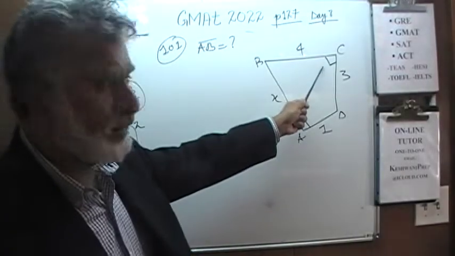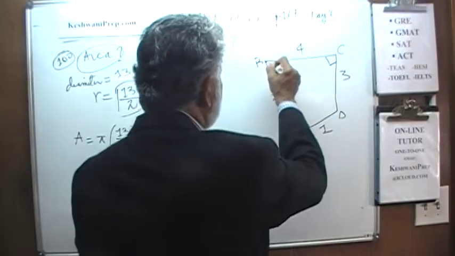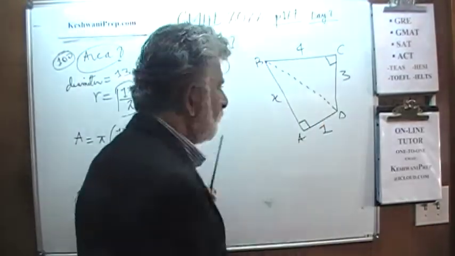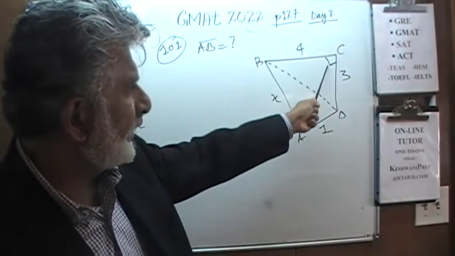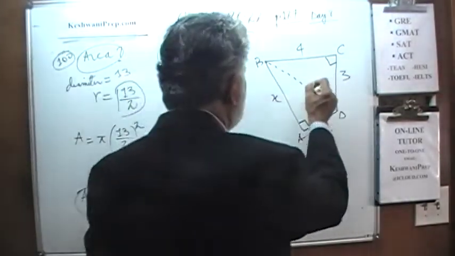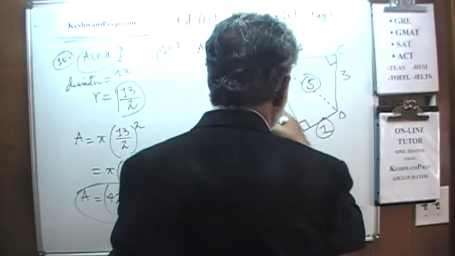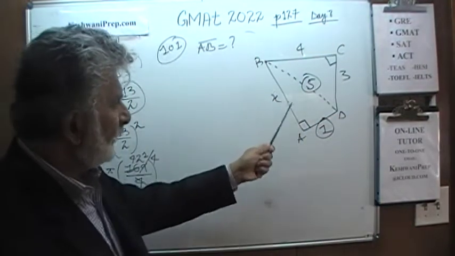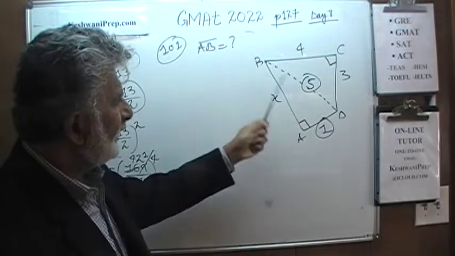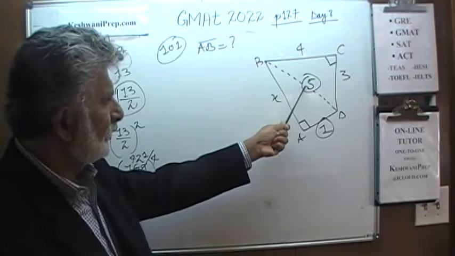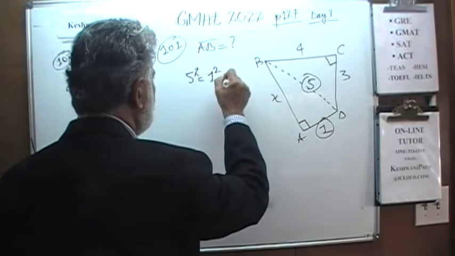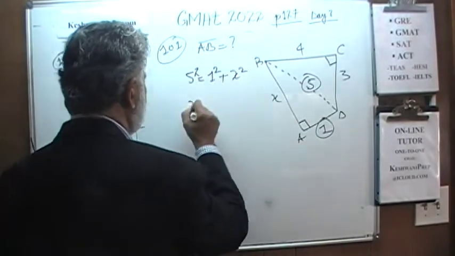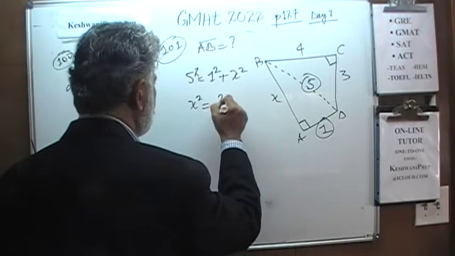So this is the right angle, which means if we were to join these two, put a diagonal across it, this side is 3, this side is 4, which means the side facing the right angle, which is the hypotenuse, must be 5. There we go. This is 5, this is 1. Now we can figure out the x. So in triangle ABD, B to D is the hypotenuse. So 5 squared must equal 1 squared plus x squared. Therefore x squared must be 25 minus 1, which is 24.